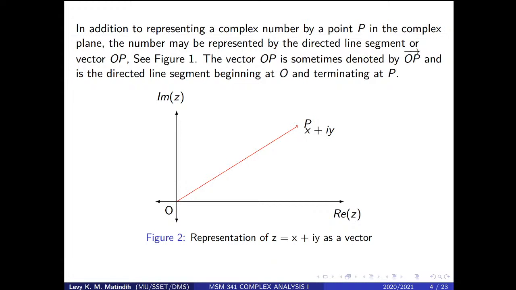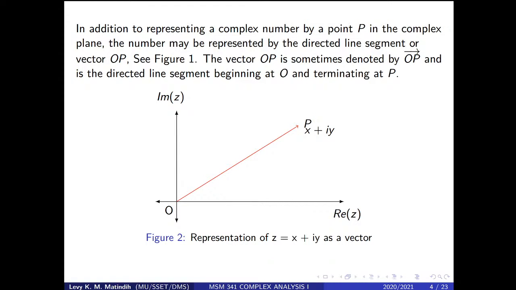Directed line segment means in a specific direction. The starting point will always be the origin, and the terminating point will be the point P representing that given complex number.